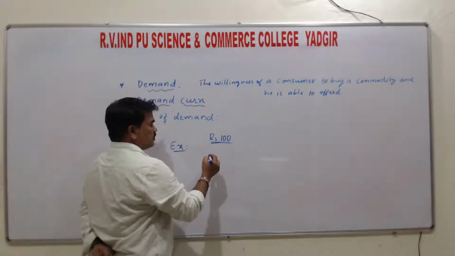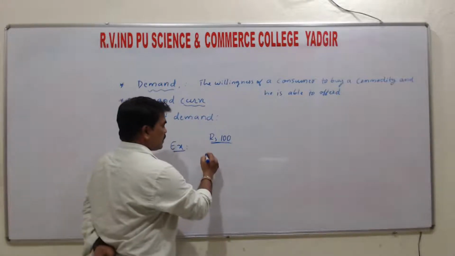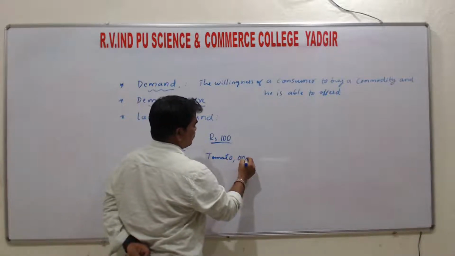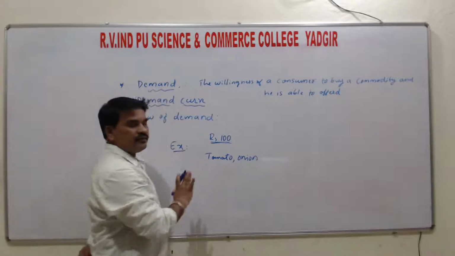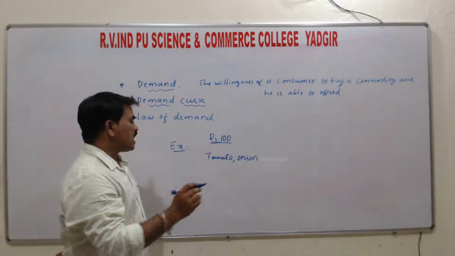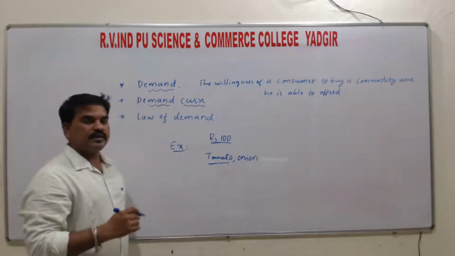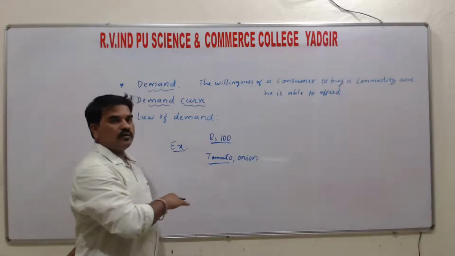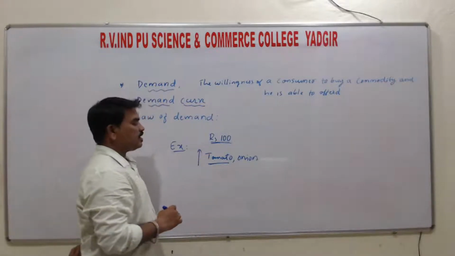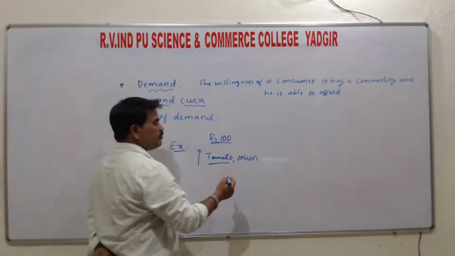So when I go to the vegetable market, you can see two products: tomato, onion. We can observe how the price of these two commodities behaves. Sometimes there is no demand at all for tomato, but sometimes the price reaches very high, and sometimes it's very difficult to afford this tomato. The same with onion.